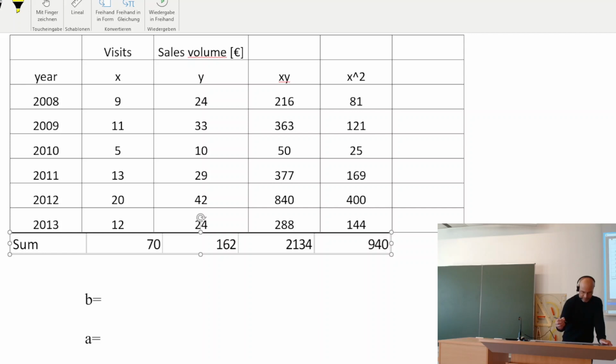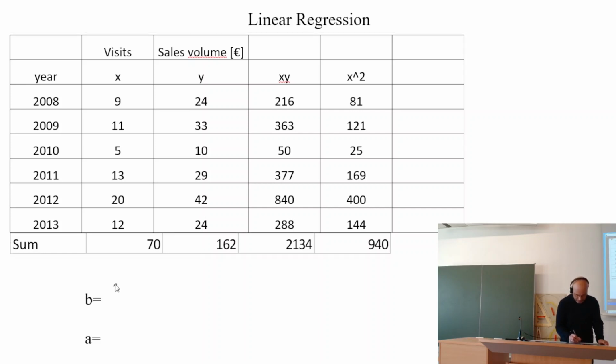Somehow this, so that you can remember this, that B was then 6 times sum xy minus sum x, sum y, over 6 times sum x squared, which is 940, minus sum x squared.